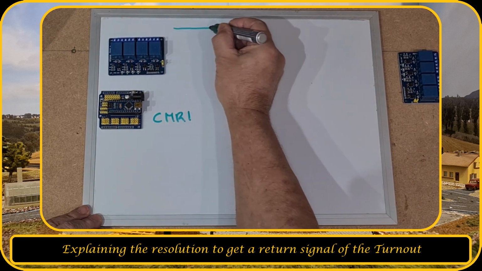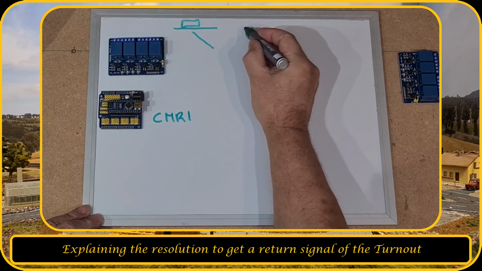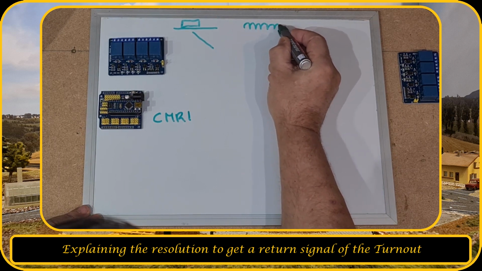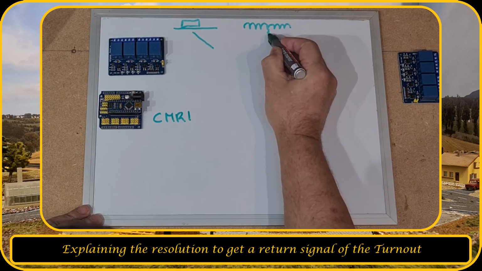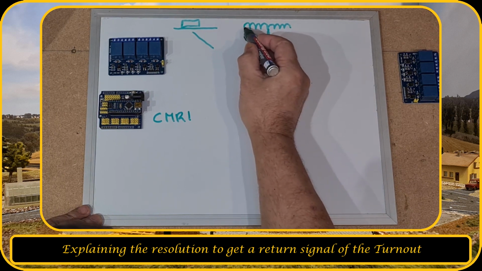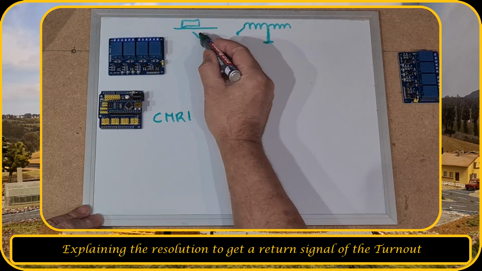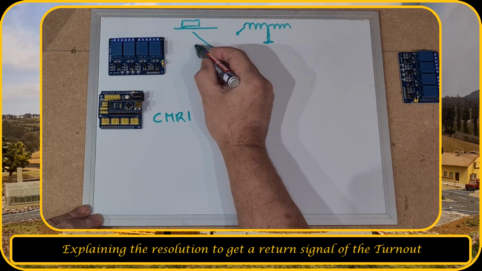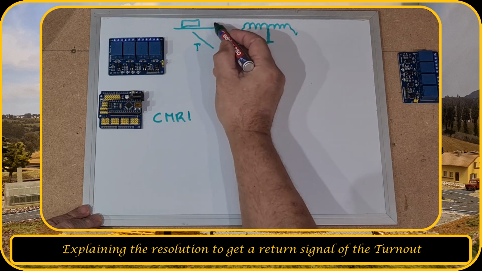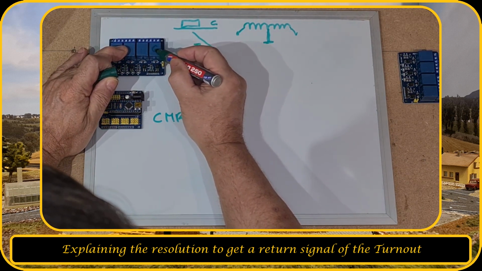So let's say we have here a turnout, and then we have here the snap switch, and the snap switch is actually just a coil in which the middle is the ground, and then here we put power to set it to a thrown status, and then here we put power to set it to a closed status.